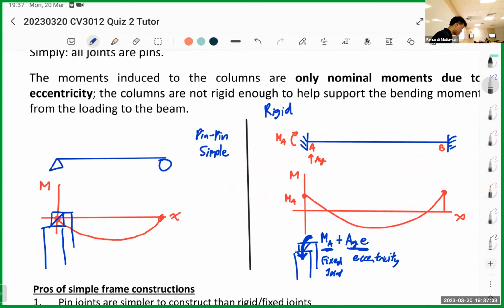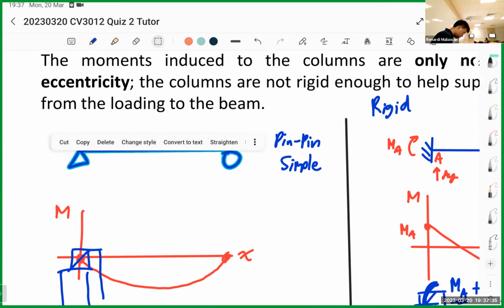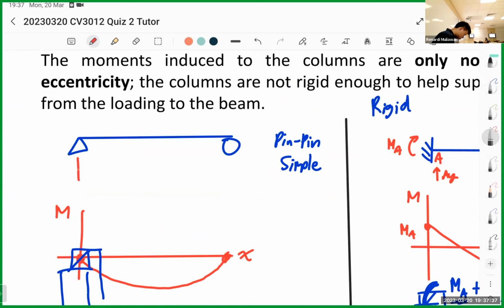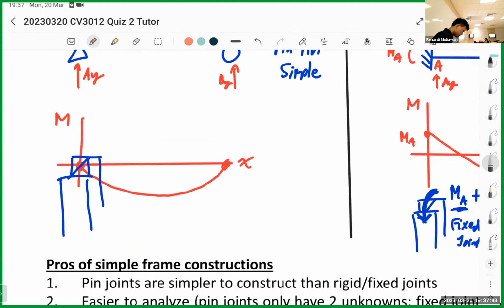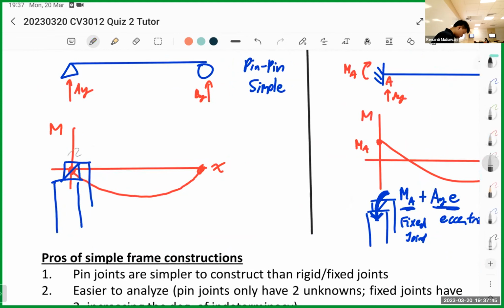For pin or simple construction, I'll draw it again. So this is AY, this is DY. If this is your column, we have a moment here, and the moment is the eccentricity, so AY times E. But look at this moment: the moment at the end is 0.